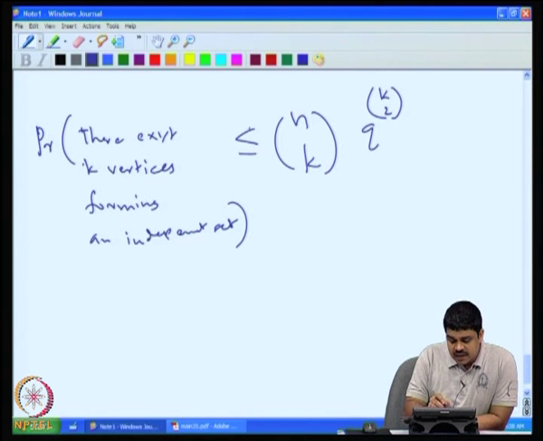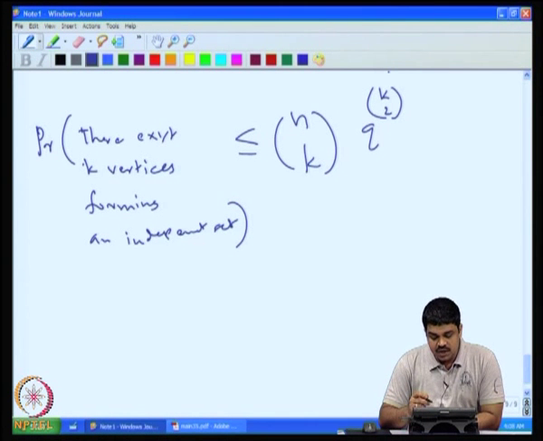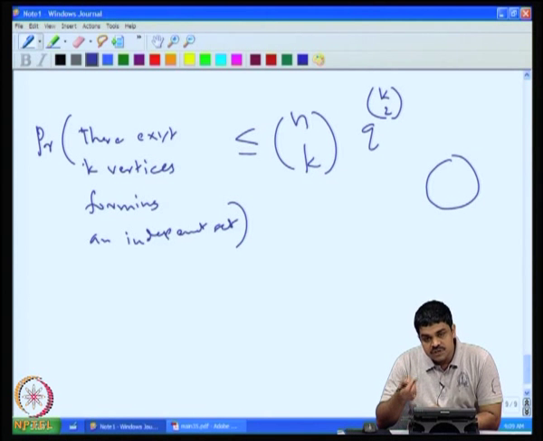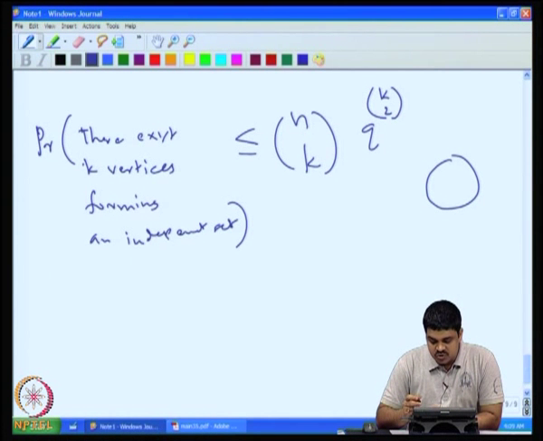So, why did you say less than or equal to rather than summing up? Because, for instance, in these k selections, some of these events may occur together. See, it is not that they are all mutually exclusive.